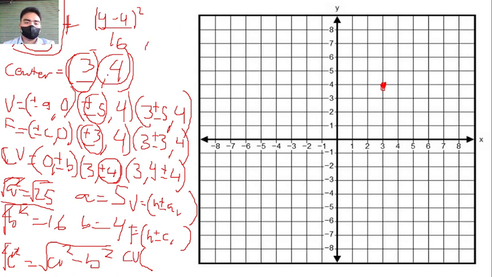Our center is H, then K. So from your H and K, you're going to add and subtract.